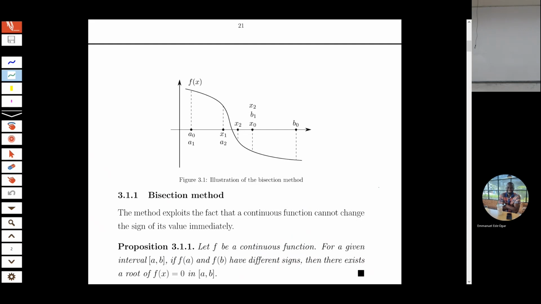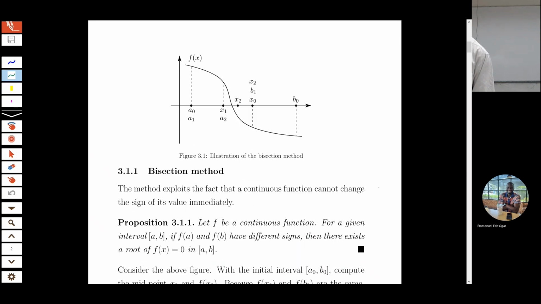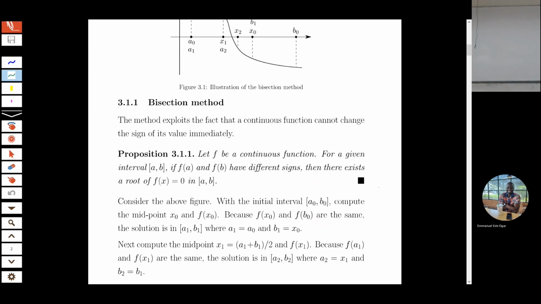We begin the bisection method with this proposition, which can be proved using only the continuity property of the function f.